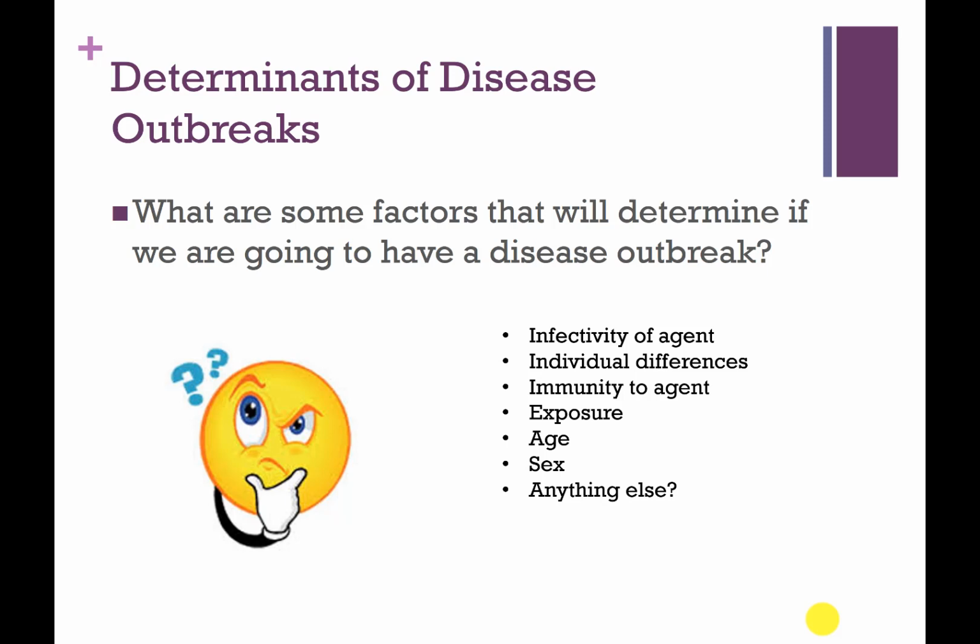Attempts to quantify infectivity normally involve the use of a statistic known as the infectious dose 50 or ID50. This refers to the dose or numbers of the agent required to infect 50% of a specified population of susceptible animals under controlled environmental conditions.